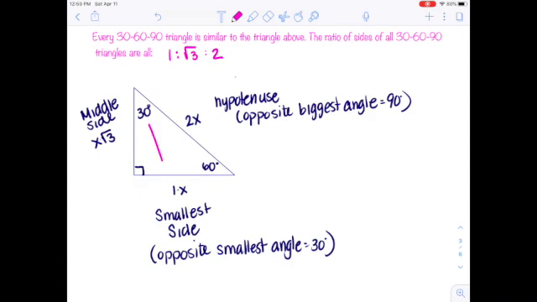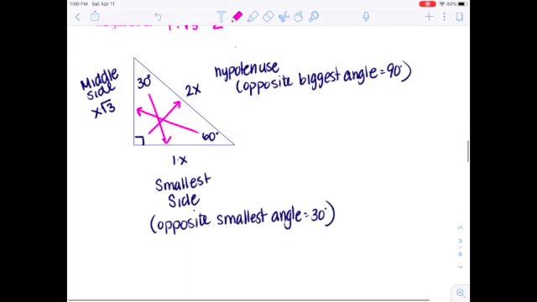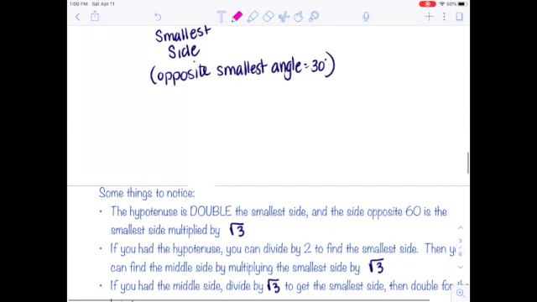So remember the 1 is always opposite your smallest angle, and the 2 is always opposite your biggest angle of 90 degrees. And I usually go from there and go, my middle side is opposite my 60 degrees, which is my root 3. We're going to use this ratio to solve triangles.